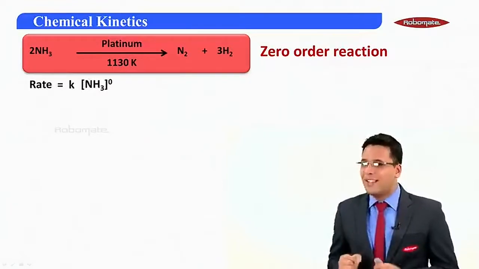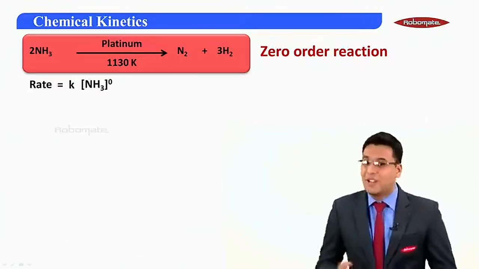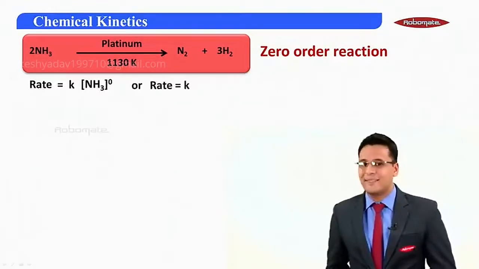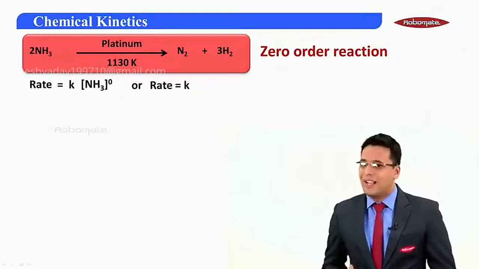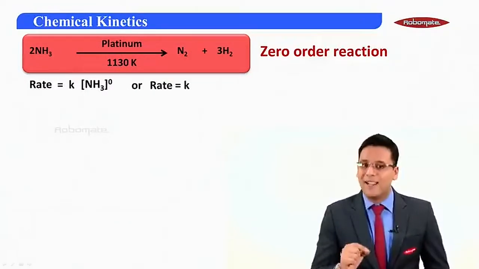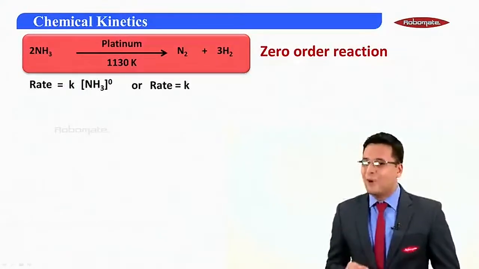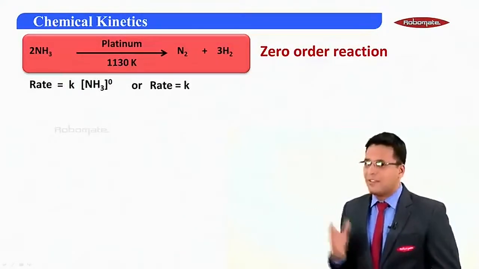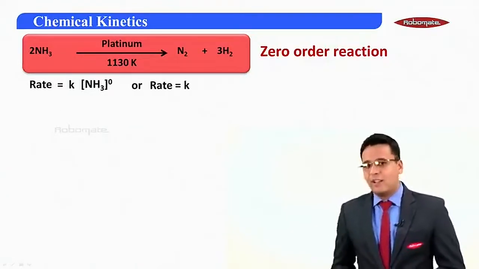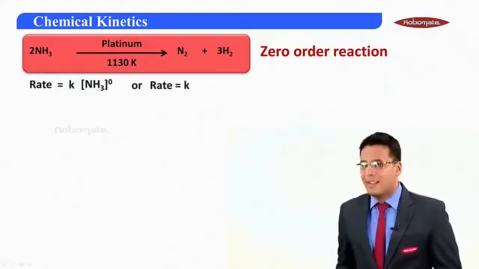The exponent in this case is 0, which essentially means that rate is equal to K. Over here, the value of alpha is 0, which means after determining experimentally the value of alpha, we find that it is 0. So basically, there are two things that we need to understand here.